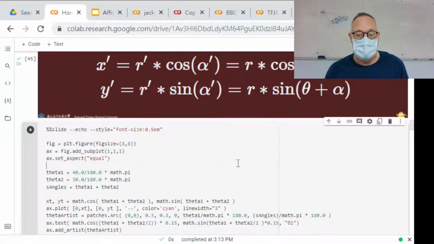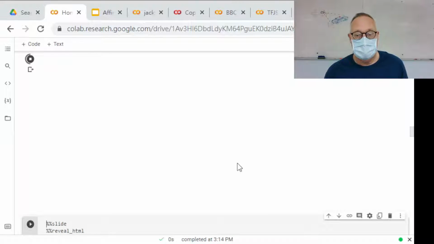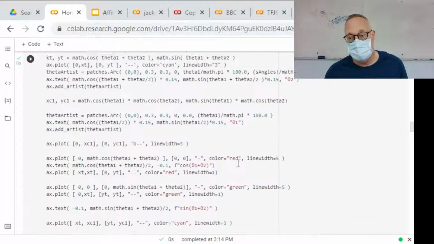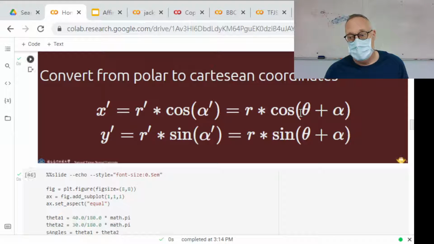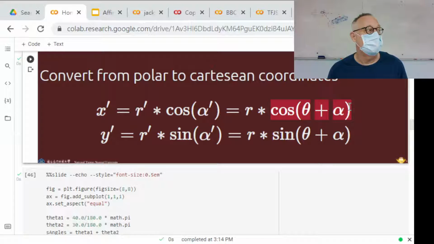And now we can go and look at one of the favorite theorems in mathematics, in geometry, and a very nice proof for it. The question is, what's the cosine of alpha plus theta, or theta plus alpha?